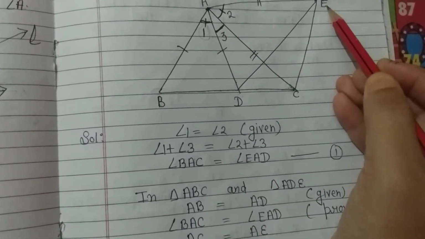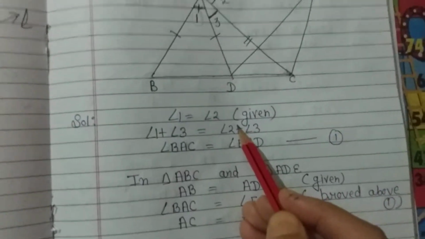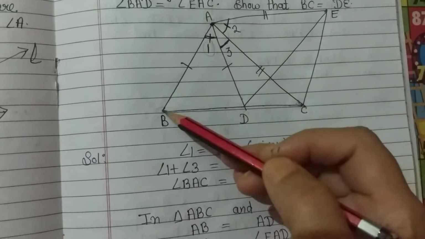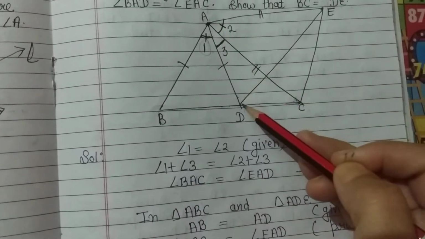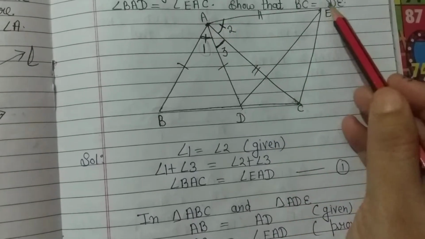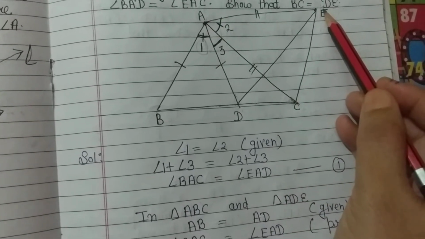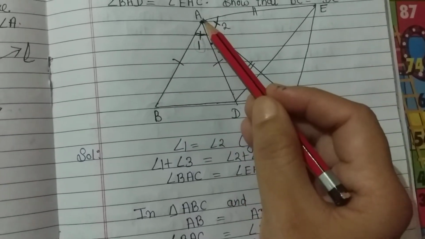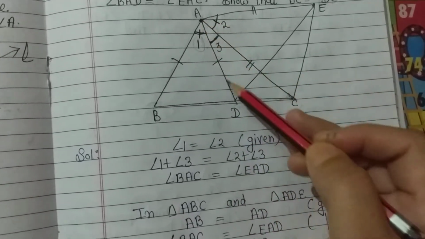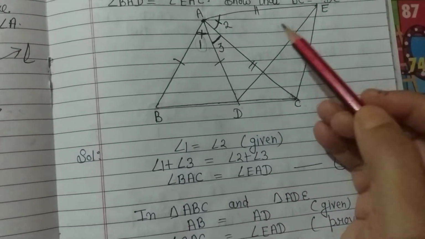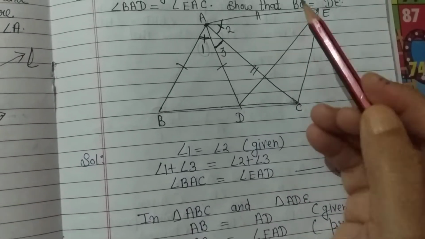Now here, if you see in both triangles, AB, AD are given equal, AC, AE are also given equal, means two sides of a triangle are given equal to two sides of the corresponding other triangle.